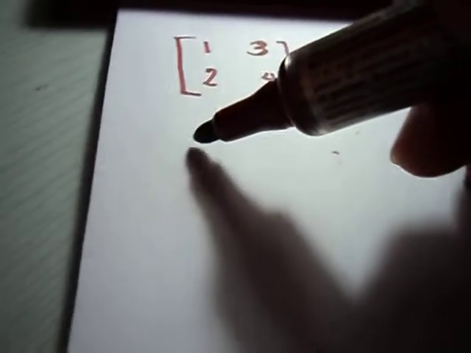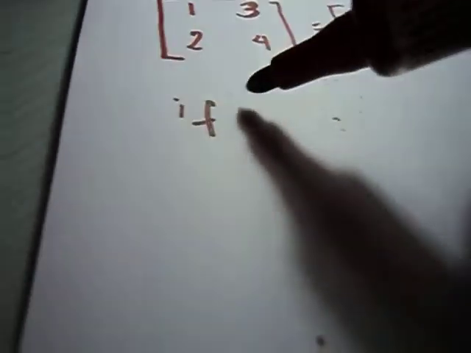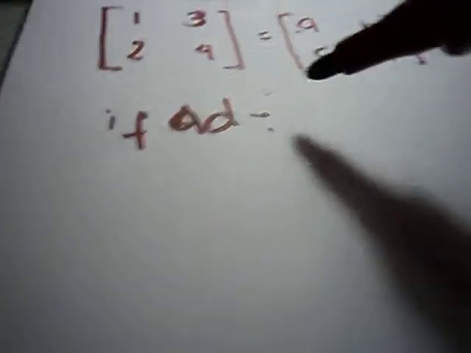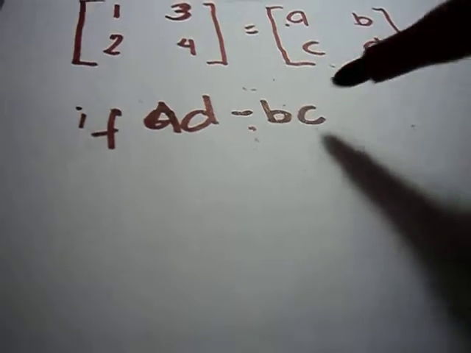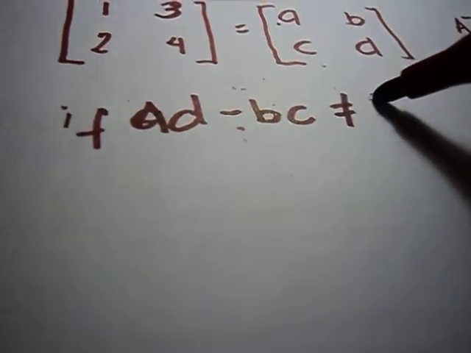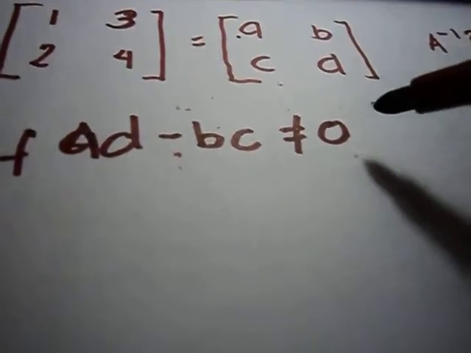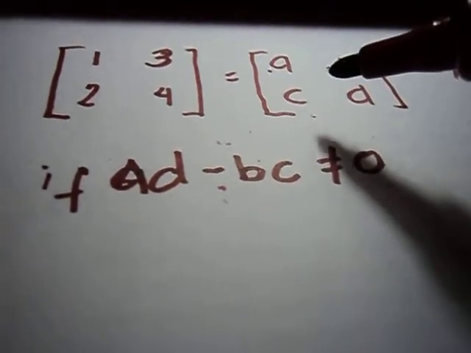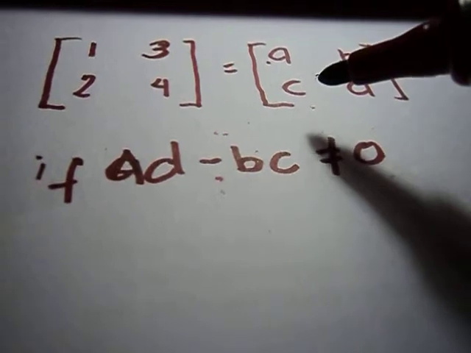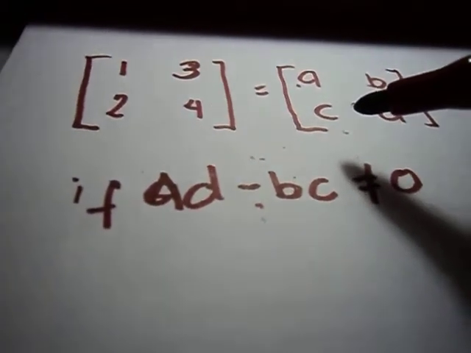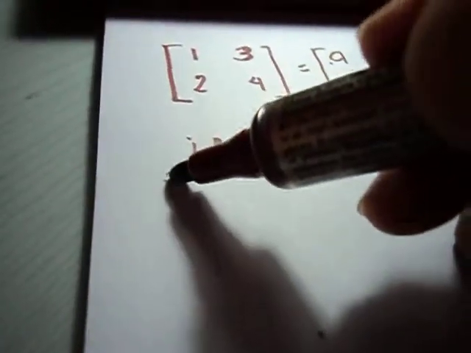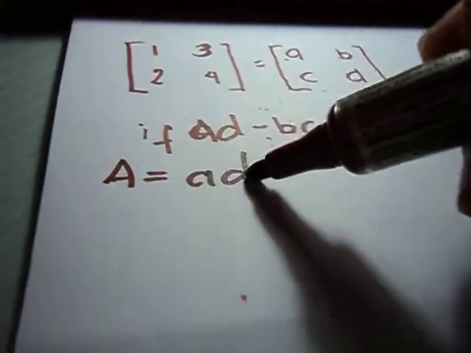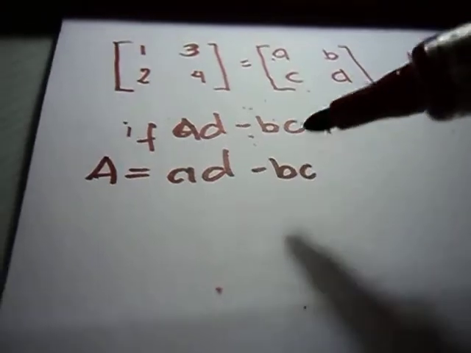First, we have to state the rule that if AD minus BC is not equal to 0, then we can proceed to the next procedure of the inverse of a 2 by 2 matrix. So our determinant is actually equivalent to AD minus BC.